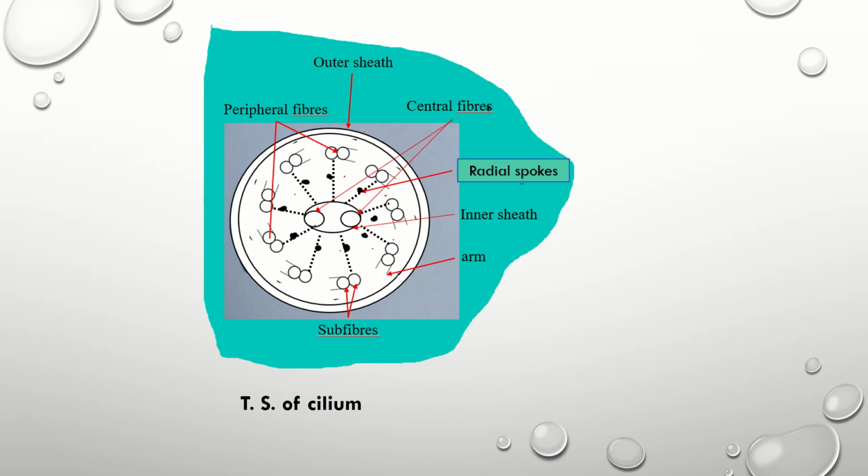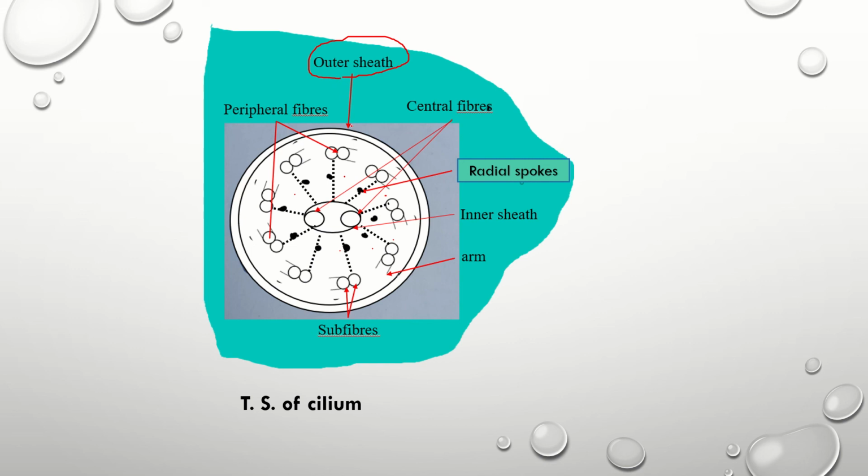This matrix is surrounded by an outer membranous sheath, which covers the matrix of the cilium and is continuous with the outer cell membrane of the body.